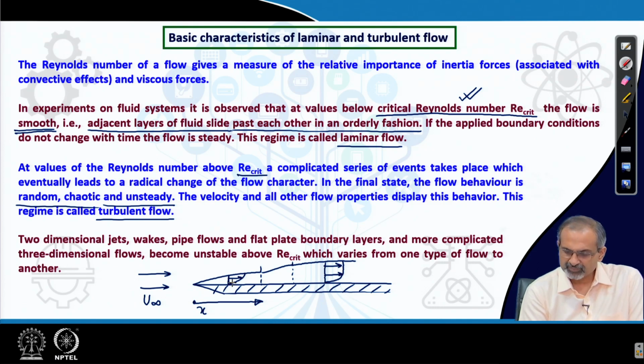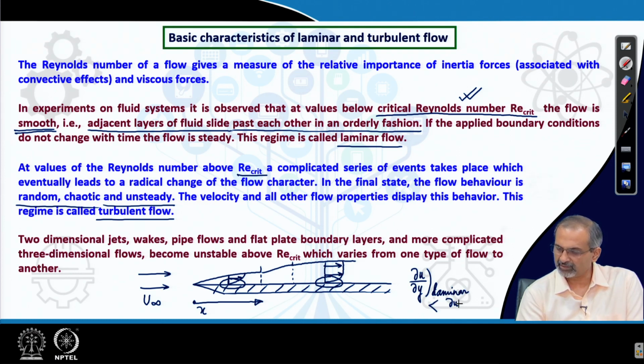That means, if you look closely at the near wall region, then you will find that del u del y for the laminar flow is significantly smaller than that of the turbulent flow.